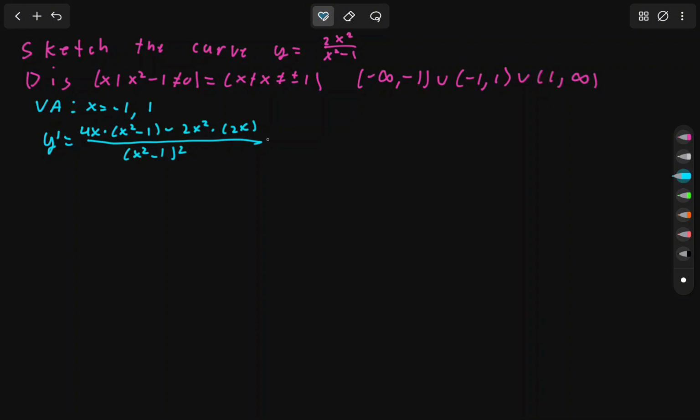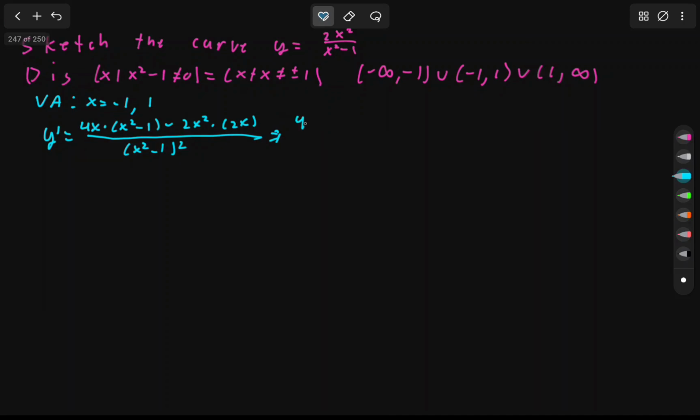So we're going to expand this out. So we get 4x cubed minus 4x minus 4x cubed all over x squared minus 1 squared.